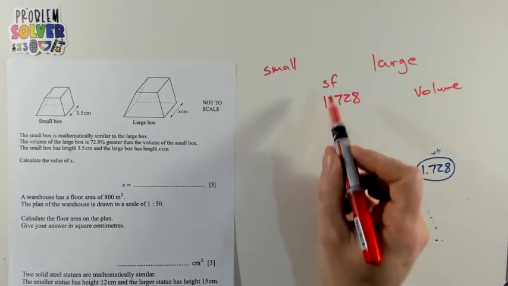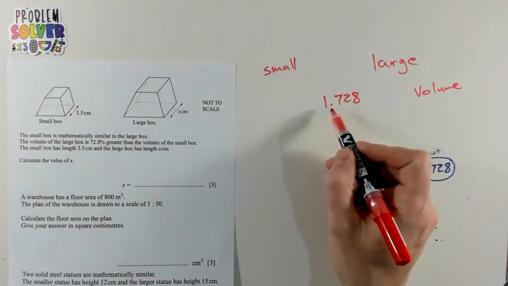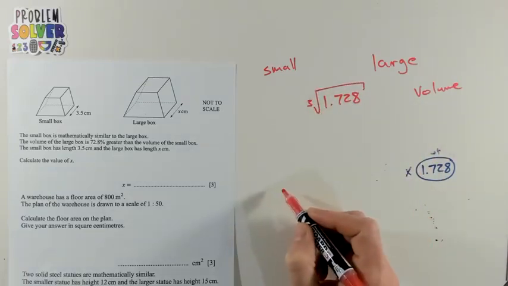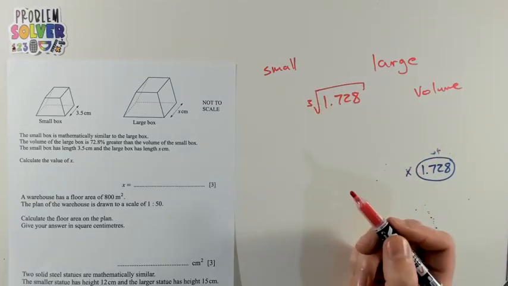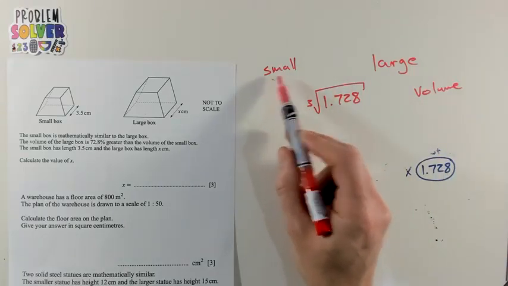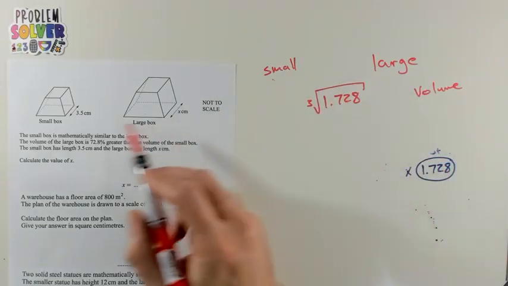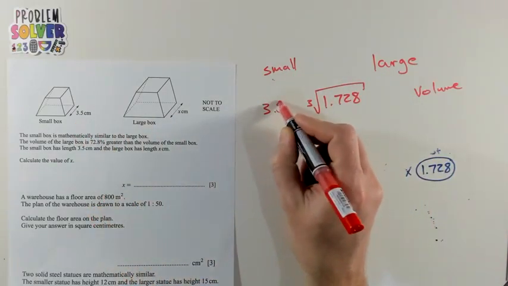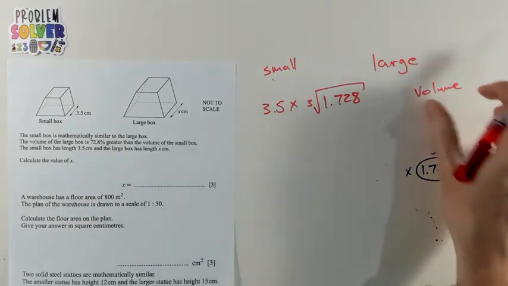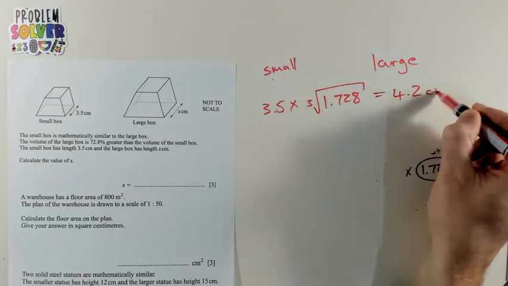So if I wanted the scale factor for length, I'd have to cube root this number, because that will give me the scale factor for length. Then I'll know what to multiply the small length by to get to the large length. So basically it's just 3.5 multiplied by the cube root of 1.728, and that would give us an answer of 4.2 centimeters.